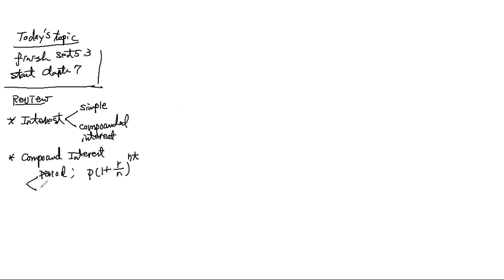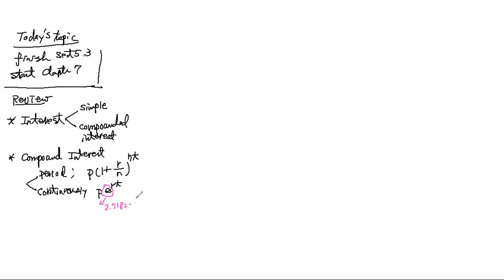Then we also talked about continuous compounding. For continuous compounding, the future value will be P e to the rt. And the e here is like pi, an irrational number, 2.7182 something.